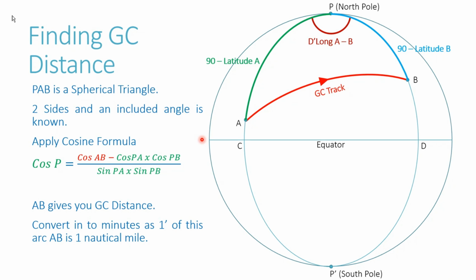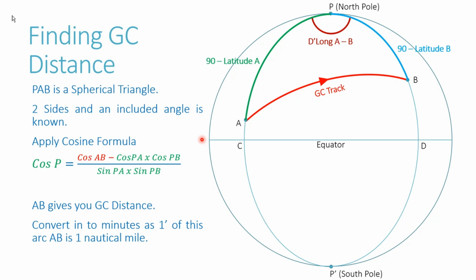So this side AB converted into minutes gives us the great circle distance. So from the calculator, when you apply the cosine formula, the calculator is going to give you the value of AB in degrees and minutes or decimal of a minute. We have to convert it into whole minutes.